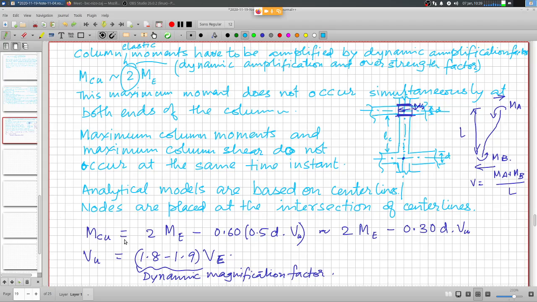And this shear we assume operates at 60% when we compute the moment capacities, so that we can transfer the moment capacities computed at the intersection of the center lines to the face of the column, at the face of the junction, and that is where the maximum capacities are determined, and appropriate reinforcement detailing has to be provided.